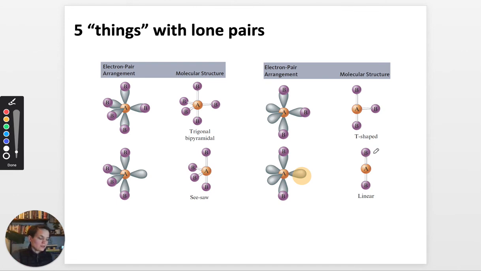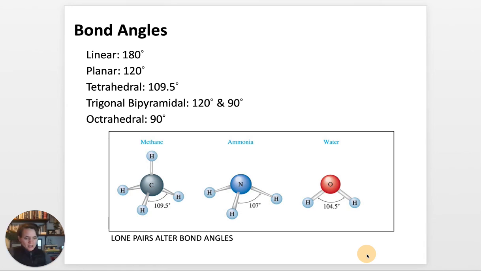So pretty cool. We have one more. Okay, so I actually want to add something. Your textbook doesn't have a figure for this, but I asked you questions about it, so let's go ahead and talk about it. And that is going to be octahedral.